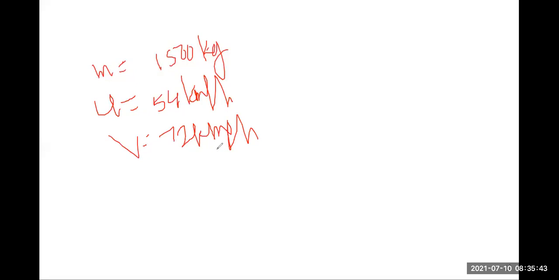Okay. Then what is given there? Now you see, u is given 54 km per hour. We have to convert it into meter per second. So see, 54 km means 54,000 meter divided by hour means 60 into 60.